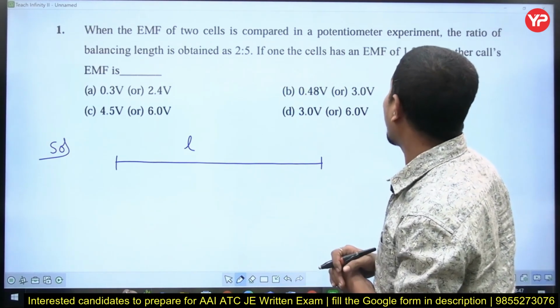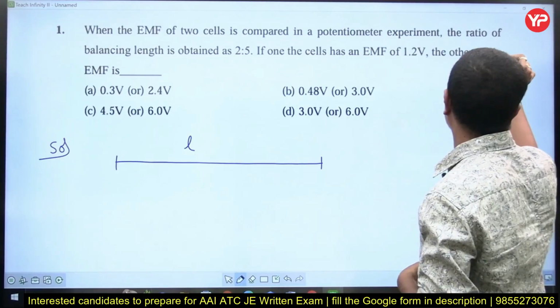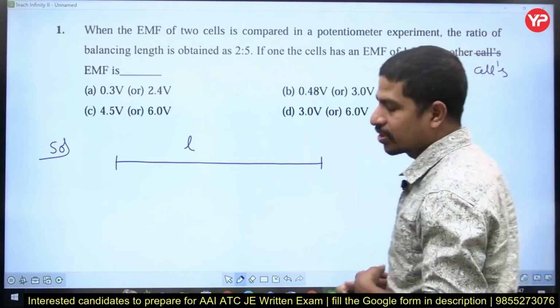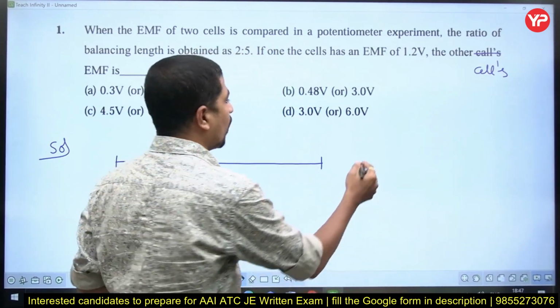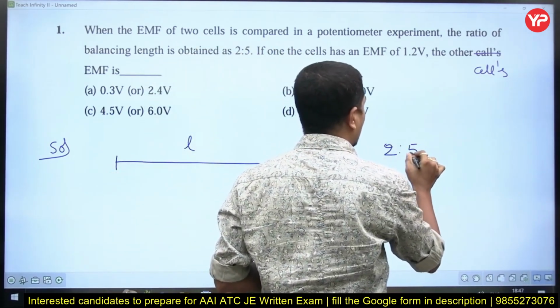If one of the cells has an EMF of 1.2 volts, then the other cell's EMF is? The ratio is 2:5, one cell at 2, another cell at 5.